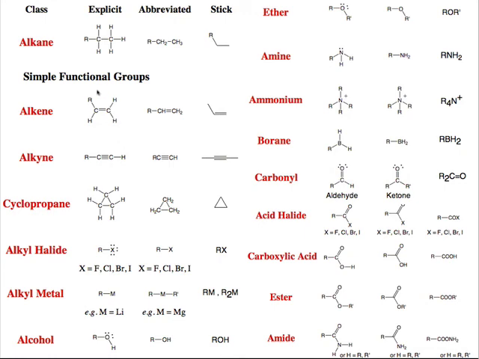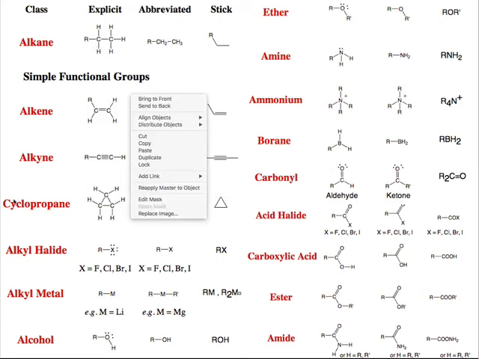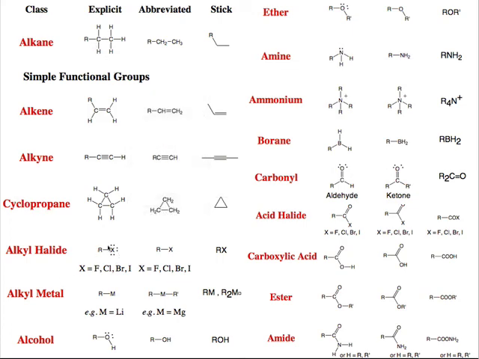Some things to note here: an R group simply is a carbon group of some kind, meaning it's just another carbon. We're not specifying what it needs to be. Other things: an X is an alkyl halide. So an X can be fluorine, chlorine, bromine, or iodine. An M is a metal.